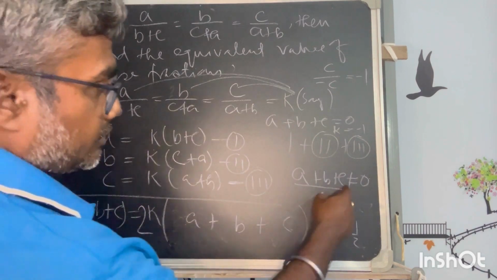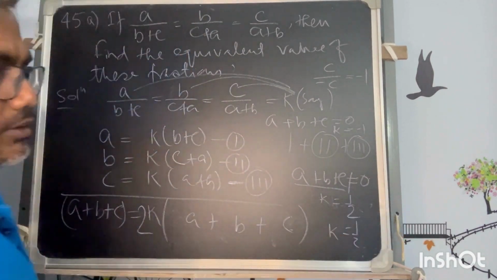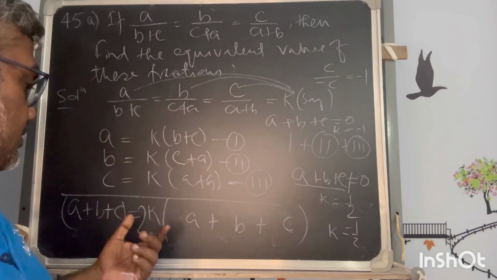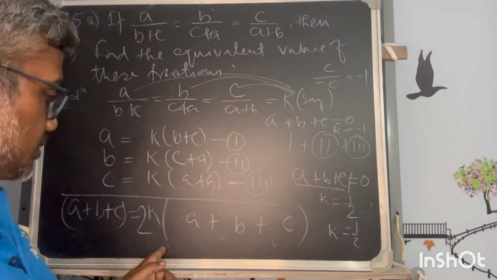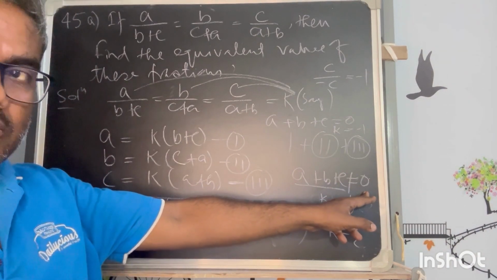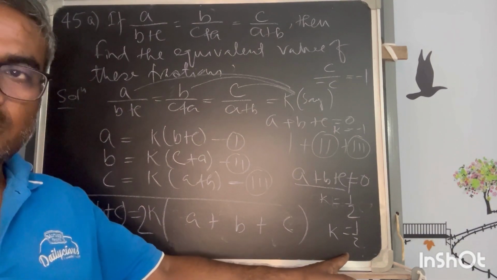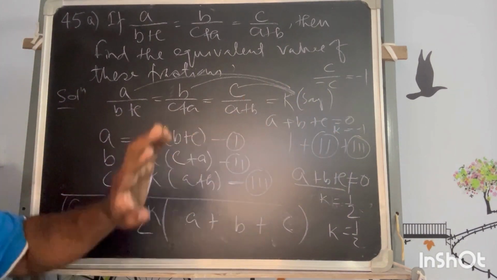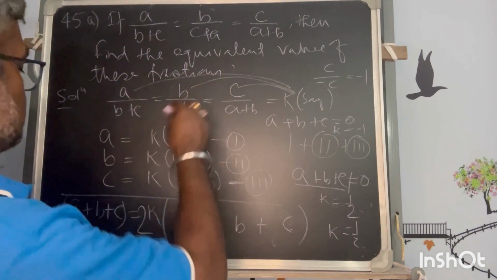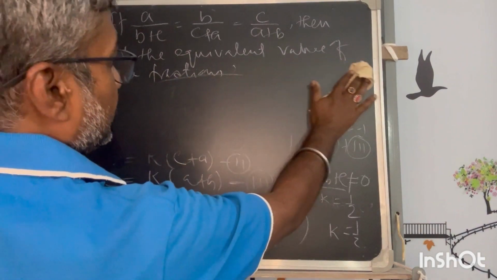So for other values, k is not equal to 0, so k has to be this. Understood? So that means this equation is possible if A plus B plus C is not equal to 0, then k must be equal to half. This is the possibility. So there are two values of this ratio when the condition is not given specifically that A plus B plus C cannot be equal to 0.